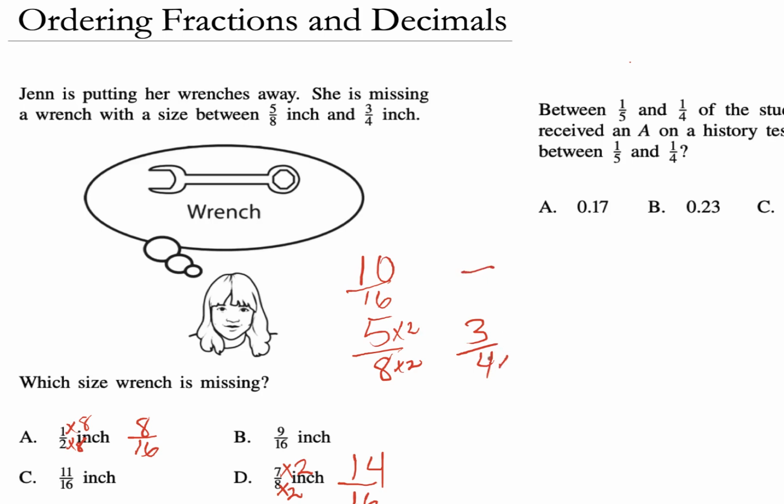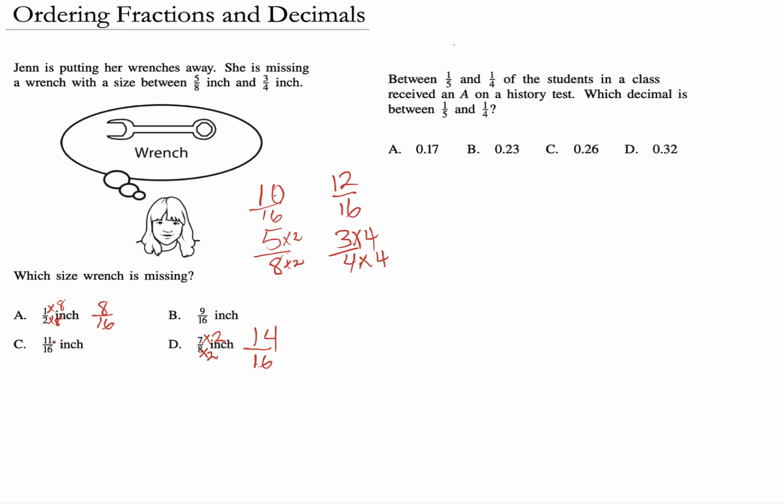And to make this 4 a 16, I would have to times by 4. And that will be 12/16. So I got 10/16, 12/16. Like, who would fall into the middle between 10 and 12? 11. So my answer is C, 11/16.